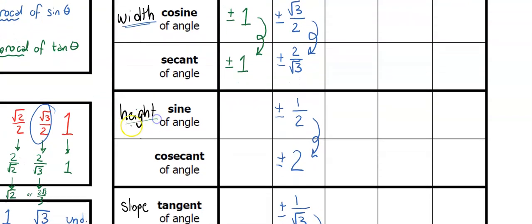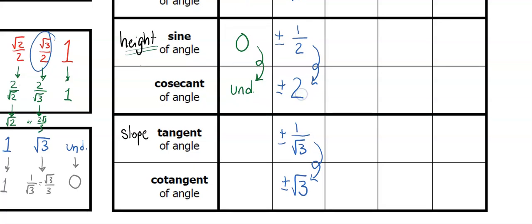But that's not even a triangle. It doesn't have any height. So I know that sine, for those green guys, has to be 0. And if sine is 0, I know that in some sense the reciprocal of 0 is undefined. It's not quite true, but it's kind of a memory trick.